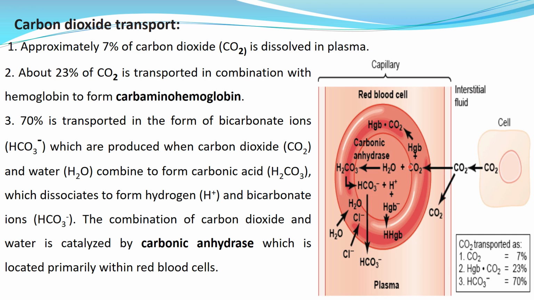If you remember, about 98.5% of the oxygen is transported in the form of oxyhemoglobin, while only about 23% of the carbon dioxide is transported through the hemoglobin in the form of carbaminohemoglobin. So the amount of carbon dioxide transported through the hemoglobin is about fourfold lower compared to the oxygen.